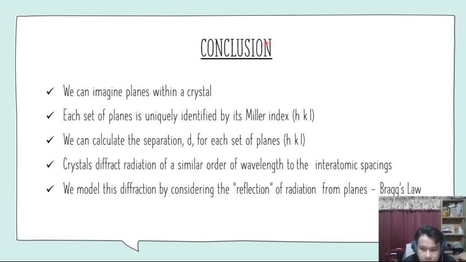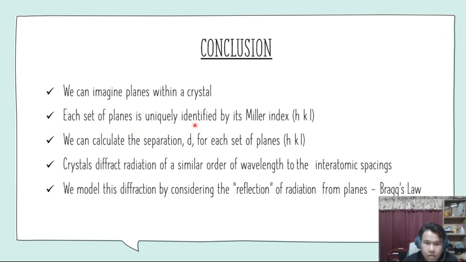For the conclusion, for all of the parts given, we can imagine planes within a crystal. As my friend discussed previously, each set of planes is uniquely identified by its Miller indices hkl.